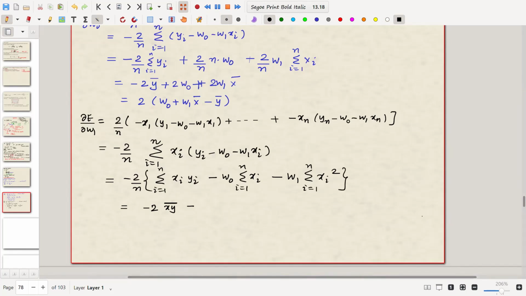Missing the bracket, right? Okay, then plus 2 w naught x bar, right? Plus 2 w1 x squared bar. Is it correct? Or is there a mistake?